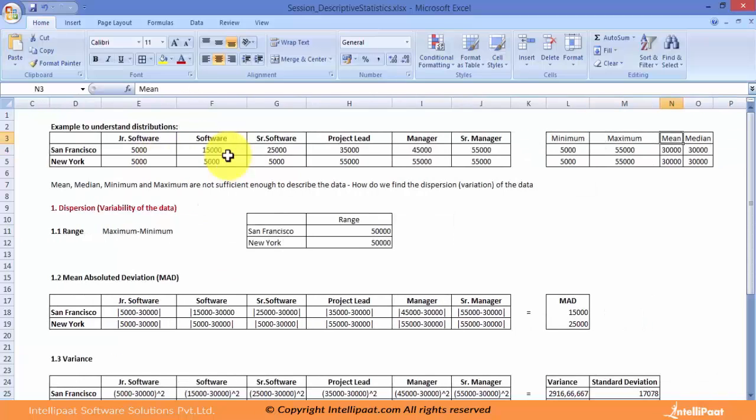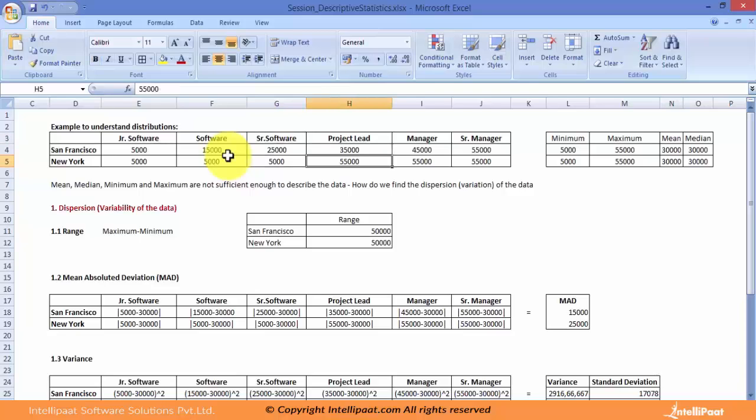When I summarize this data, the minimum of both companies comes out the same, the maximum is the same, the mean is the same, and the median is the same. But if we observe this very small data with the naked eye, we can see that a senior software engineer in San Francisco earns more than in New York for the same designation.